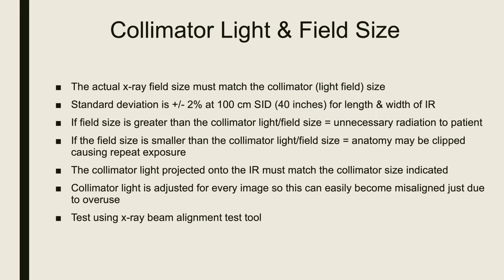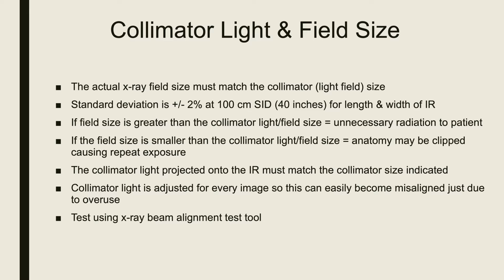The collimator light and field size also has to be measured, so the actual field size must match the light size. The standard deviation for this is plus or minus 2% at 100 cm, which is 40 inches.